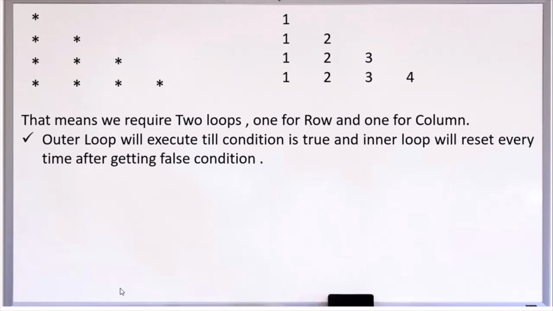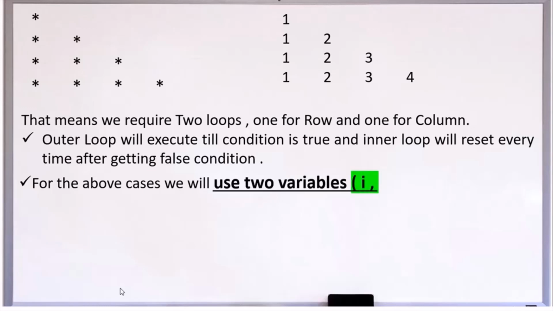This line should be crystal clear in your mind. That means the outer loop will execute till the condition is true and the inner loop will always reset the value. And that's why we have to use 2 variables here, i and j. Generally we use 1 variable for 1 loop. Here we have 2 loops, so we will use 2 variables, one for the outer and one for the inner.